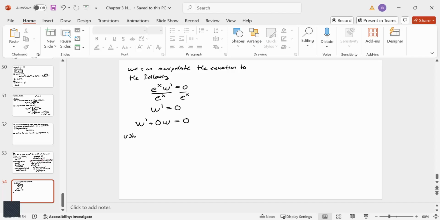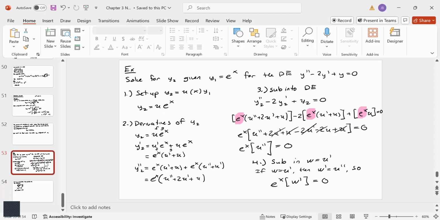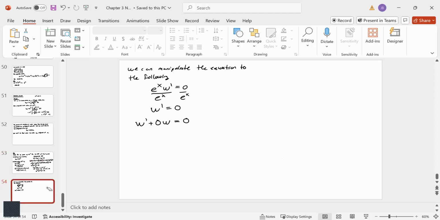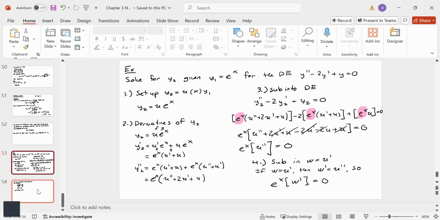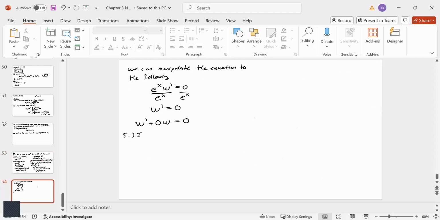So using integrating factor, actually, that'll just be the next step. So we sub in this, we manipulate the equation, and then step 5, integrating factor.